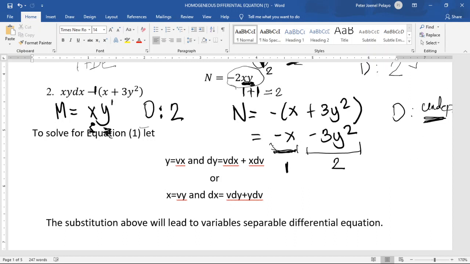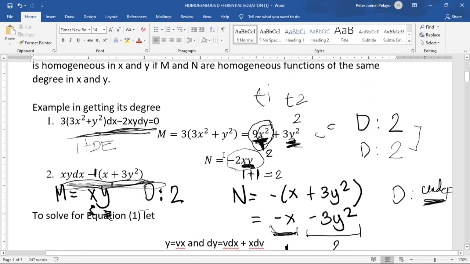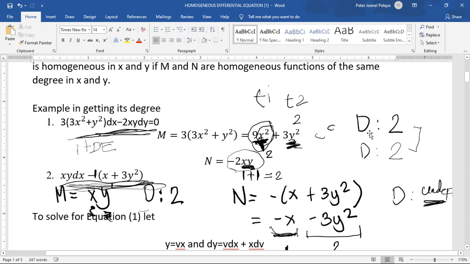Undefined siya. And then, pag not defined yung degree niya, and then you have a degree 2, meaning itong equation na to, hindi siya homogeneous equation. So, masasabi mo lang na homogeneous ang equation kapag parehas silang degree, both m and n.